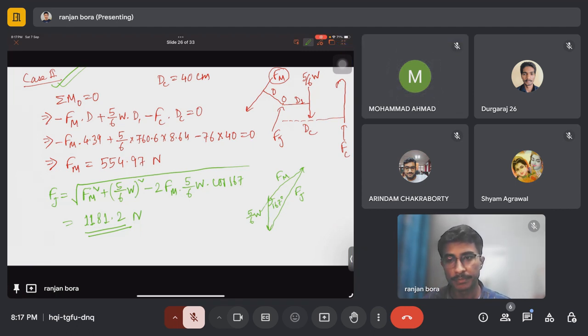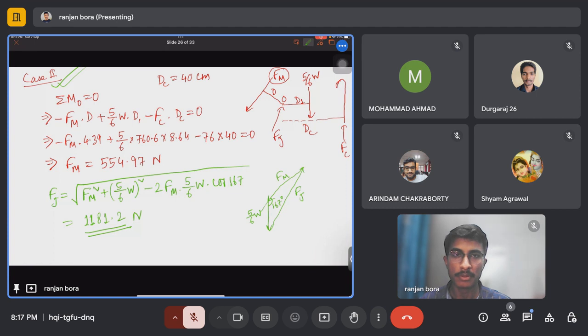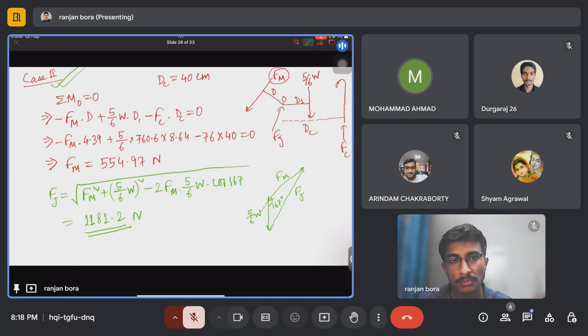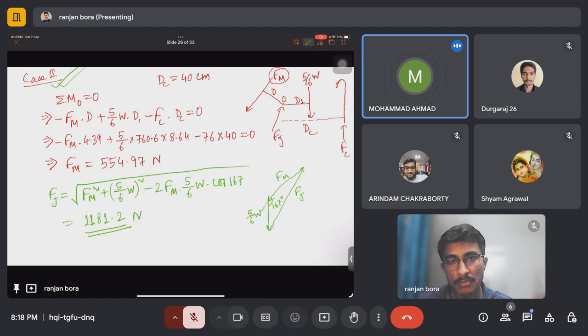Okay. Anyone has any doubt? If the person has a problem on this side, the right side, then he should try to carry the can on his left side, because we are getting a lesser reaction force in that case.